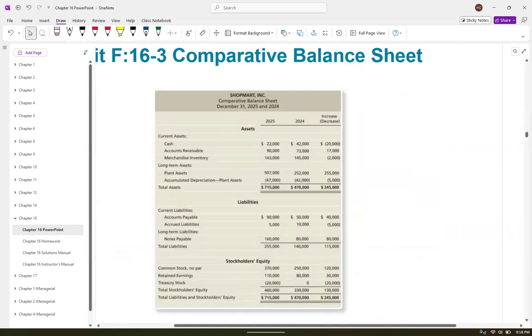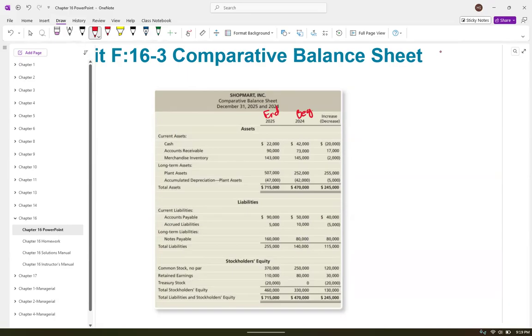This gives us a comparison between ending, realize your ending is 24, and the beginning, I'm sorry, I did that wrong. The 2024 is the beginning. It's last year's ending, but it's this year's beginning. And then that is ending.